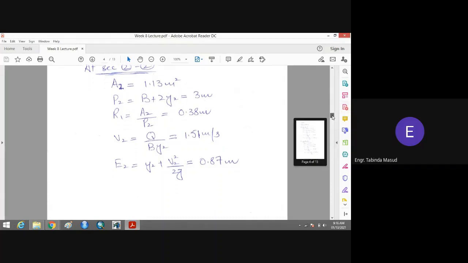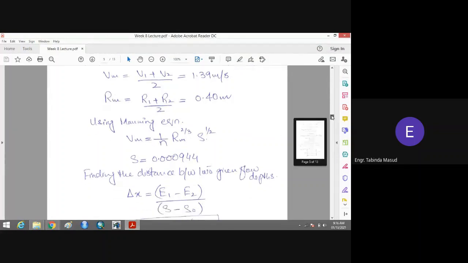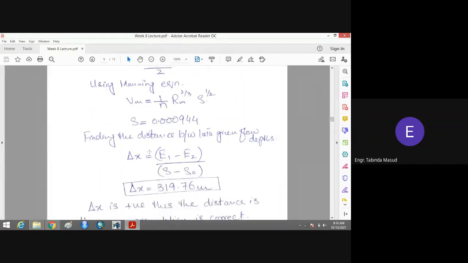And now, okay, then we will find the slope of the energy line by using the Manning equation, for which we have to take the value of the mean velocity and mean hydraulic radius, and then we will put in these values in the Manning equation to find the slope of the energy line. And then we will put all these values in the equation of this method, that is delta X is equal to E1 minus E2 divided by S minus S naught.